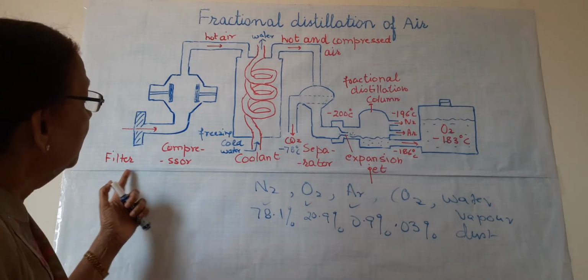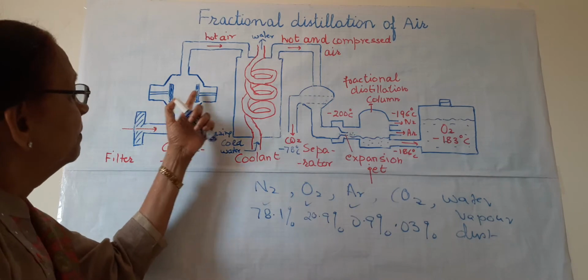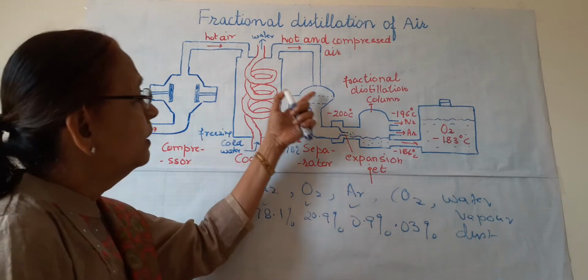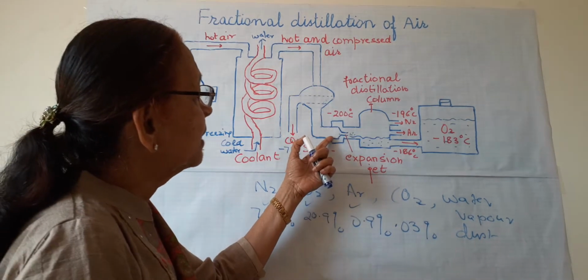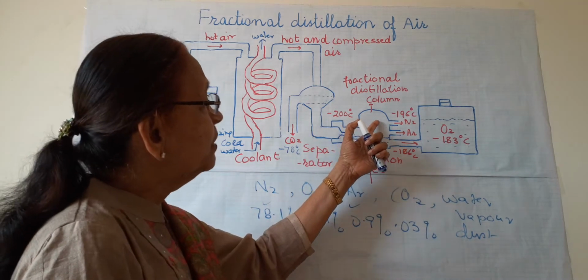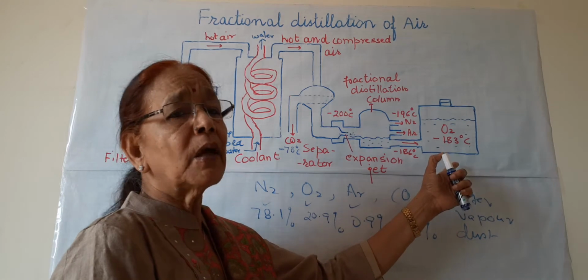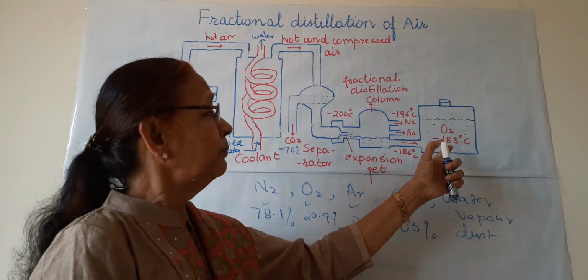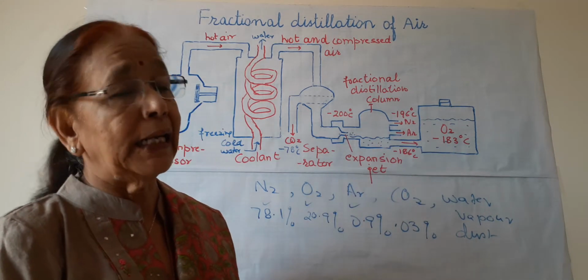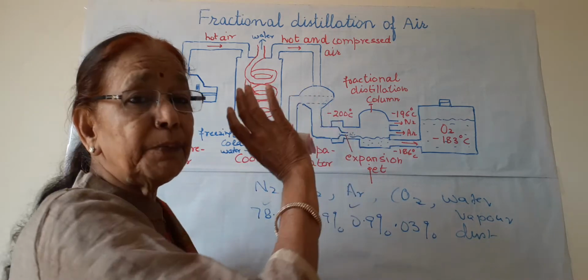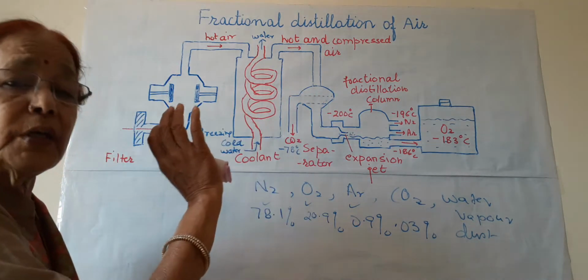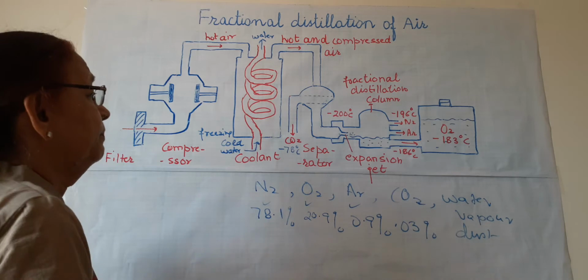First is filter, then compressor, coolant, separator, expansion jet, fractional distillation column, and this is the container reservoir in which oxygen is collected.